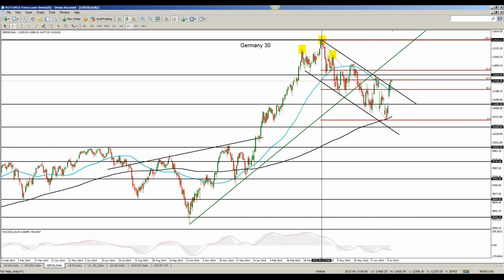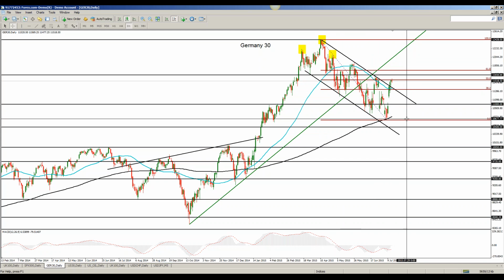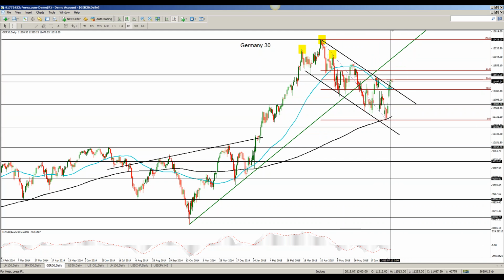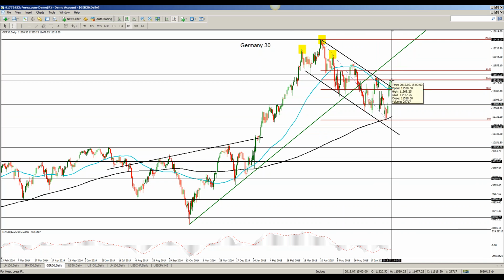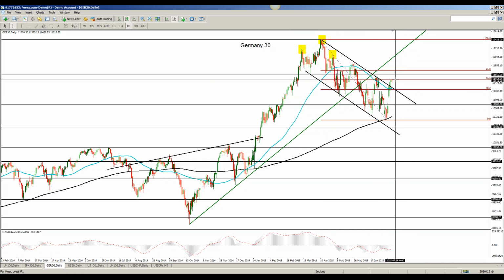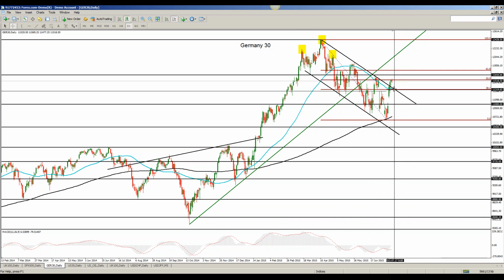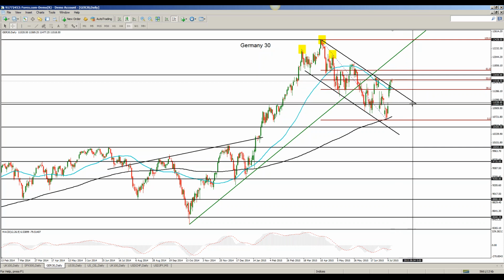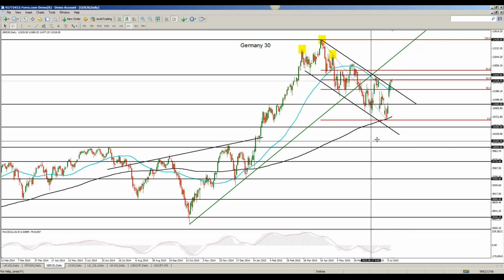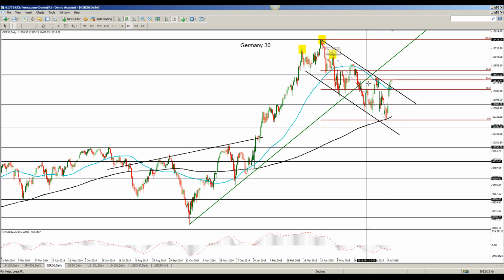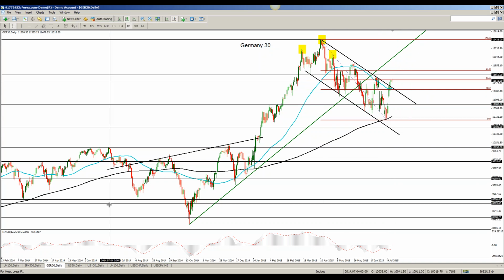But we had a very nice downtrend channel here, and then it just broke to the upside recently. After the Greek proposals were put out, although that's still an ongoing situation, we saw a big move to the upside on the German DAX. So yes, we have a breakout there, but for quite some time we had a very nice downtrend channel.